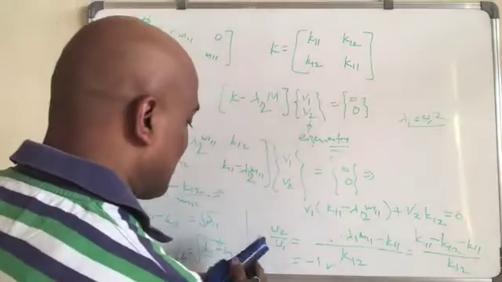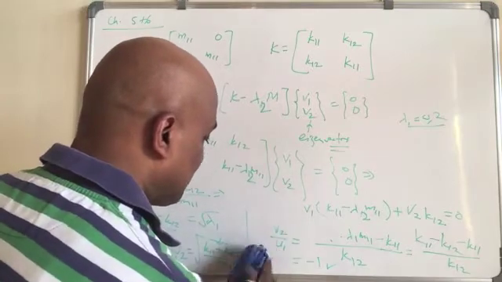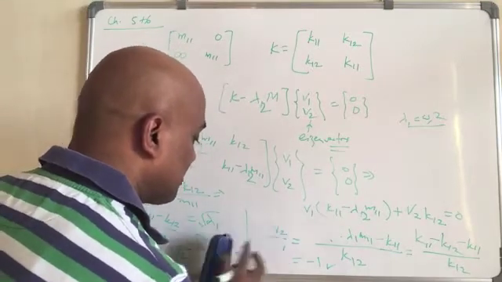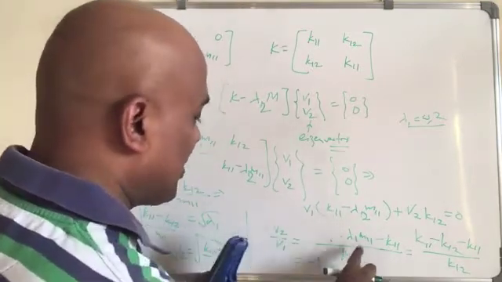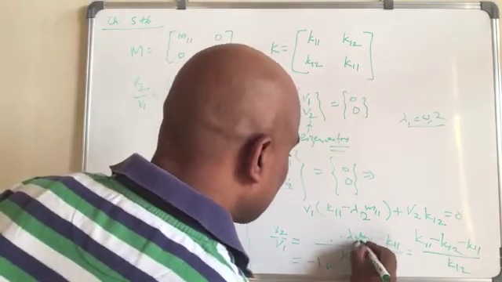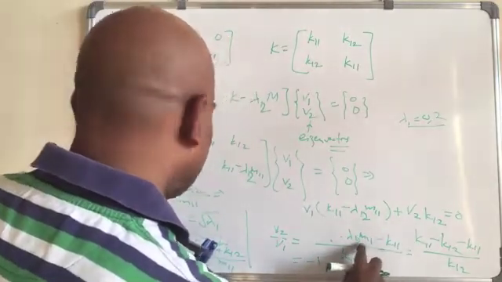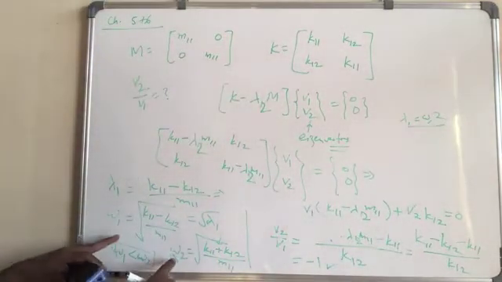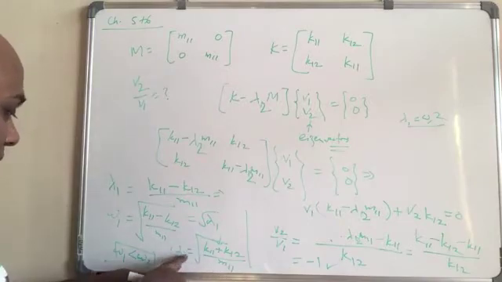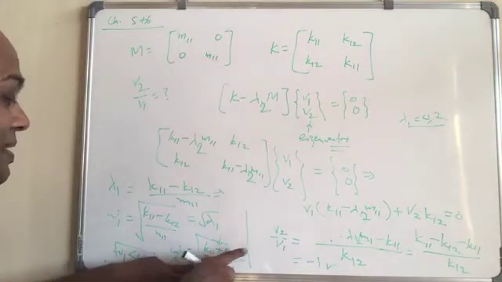So hence V2 over V1 will be equal to lambda 1 minus here lambda 2 it becomes, right? Lambda 2 m1 minus k1 over k12, and lambda 2, if you see here, is a square of this lambda 2. So lambda 2 multiplied by m11 equal to k11 plus k12.